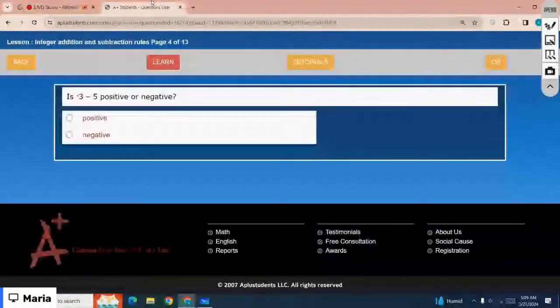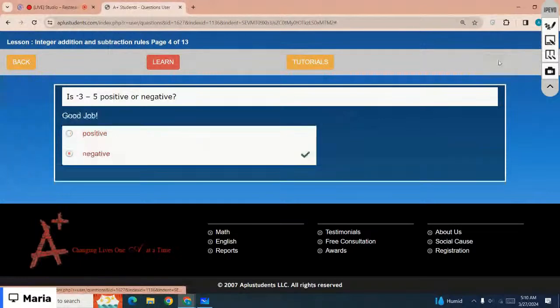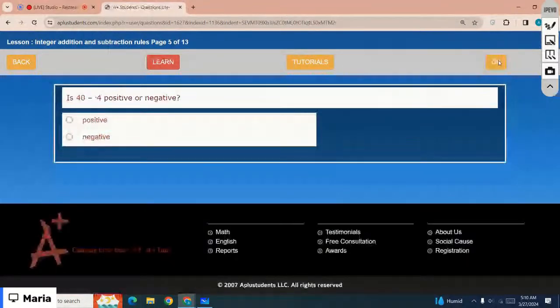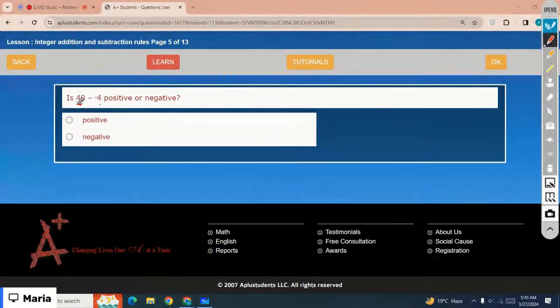So the next one is negative 3 minus 5, positive or negative? Negative it is. The correct option is negative. The next one is negative 40 minus negative 4. 40 is the number with a greater magnitude, right? So the answer must be positive.